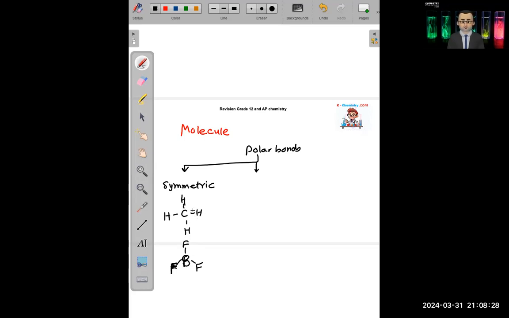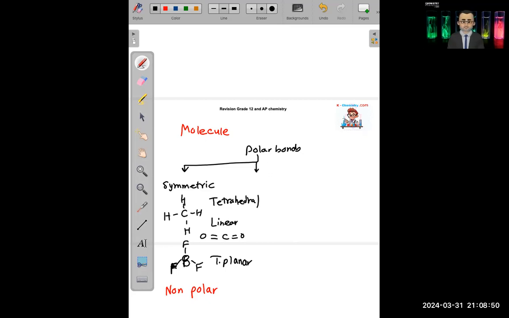Most of the molecules that have no lone pair on the central atom are symmetrical shapes, and the total molecule is non-polar. Why is that? Because the polarity cancels. The polarity cancels, and also in the linear shape, like carbon dioxide. So linear, tetrahedral, and trigonal planar are all symmetrical shapes.